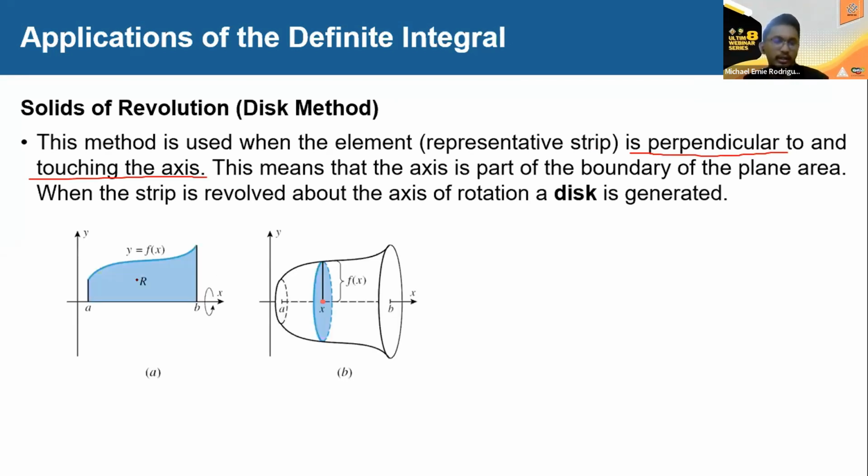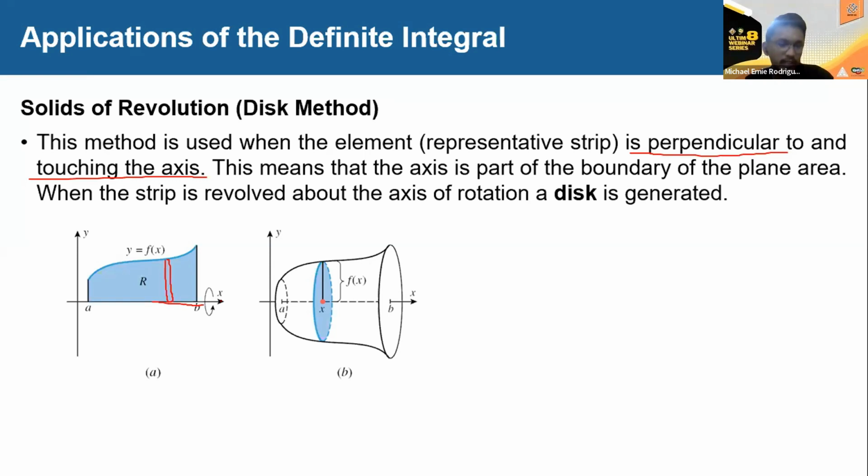So, if we have here our curve y is equal to f of x, with limits from a to b, and we revolve this about the x-axis. This is our strip. This strip is perpendicular to the axis.